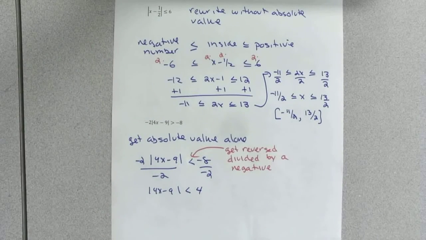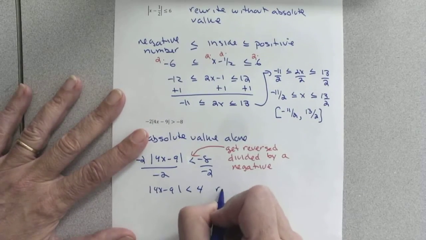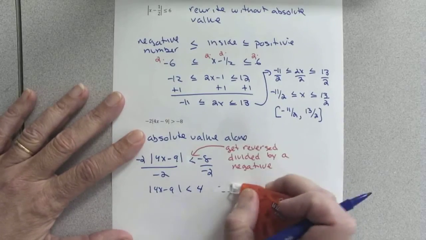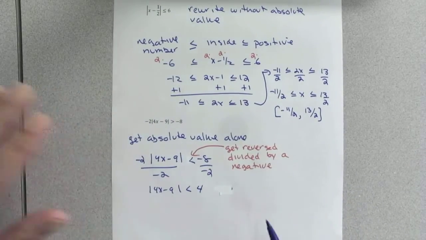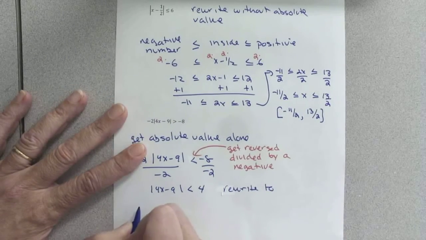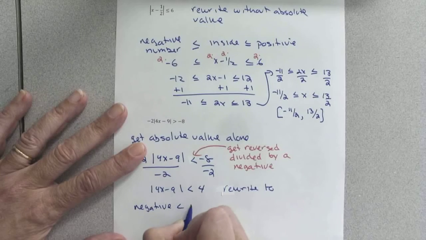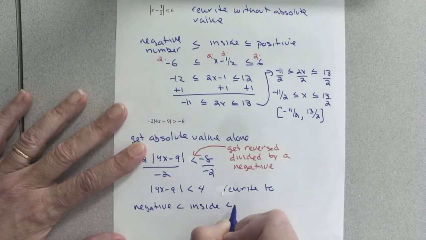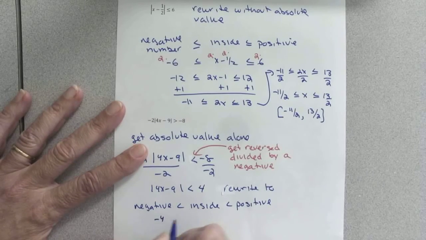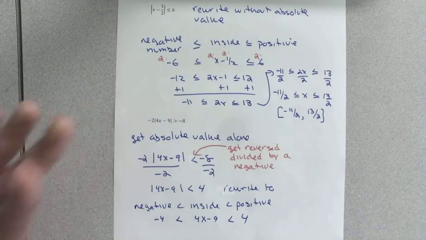And now it's an absolute value less than inequality. And so I rewrite it: the negative number less than the inside less than the positive number. So in this case, -4 is less than 4x minus 9 is less than 4.